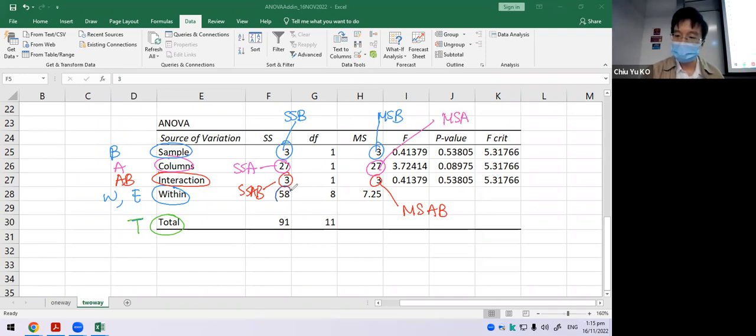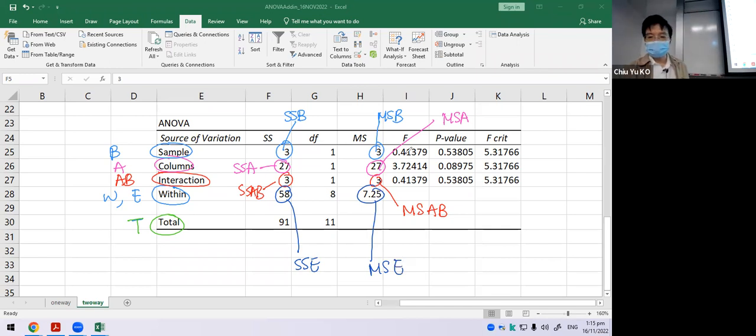Finally, this is SSE, and this is MSE. And the F test is just dividing each column by the MSE, which gives you the F, and gives all the P values. That is all the F tests we have done. So I hope that's okay, and you should be able to understand every single entry here.